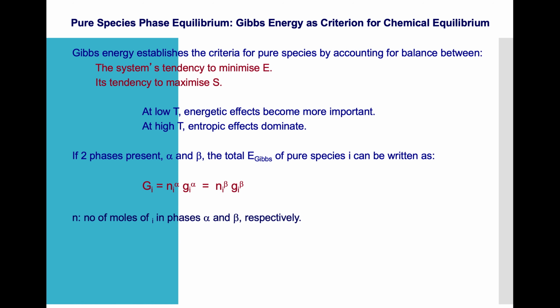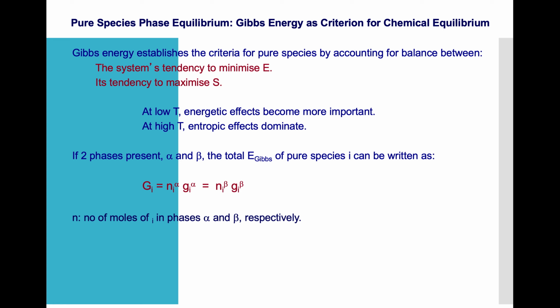And next, Gibbs energy establishes the criteria for pure species by accounting for the balance between the system's tendency to minimize E and its tendency to maximize S, entropy. At low temperature, energetic effects become more important, and at high temperature, entropy effects dominate.